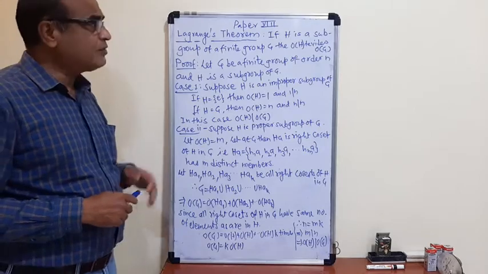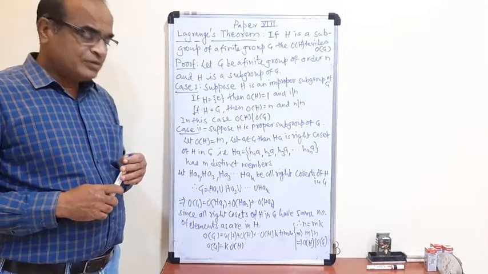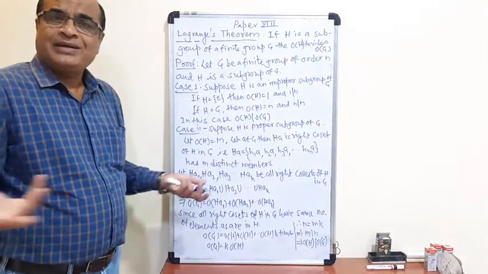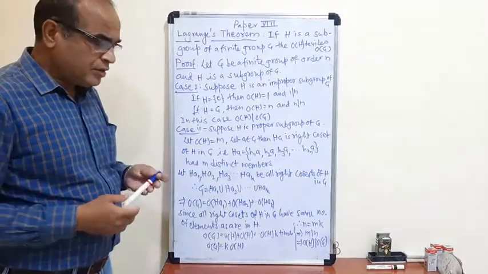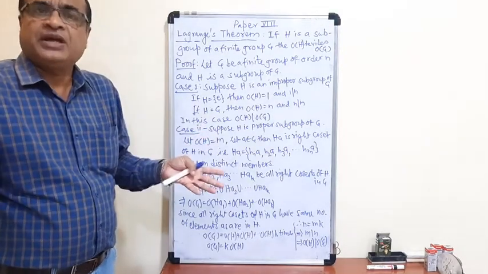So now we study here, what is Lagrange's theorem? You know what the order of G is. The order of G is nothing but how many elements are in the set G. So we study the relation between orders.